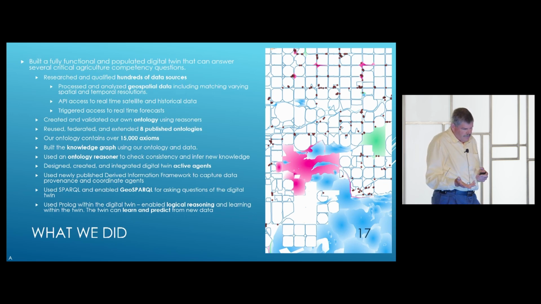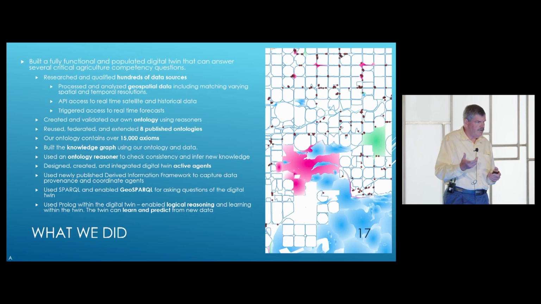I already mentioned that we generated 15,000 axioms from 8 published ontologies plus our own ontology. We built in a reasoner. One of my favorite pieces of the digital twin here is that we actually built in a Prolog. And does anybody remember Prolog?